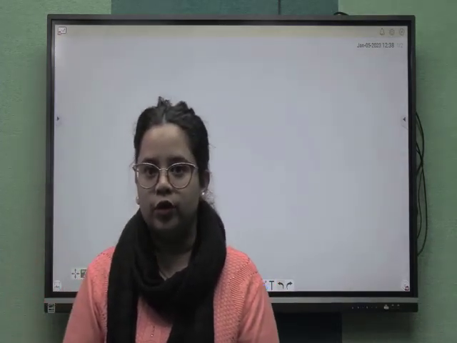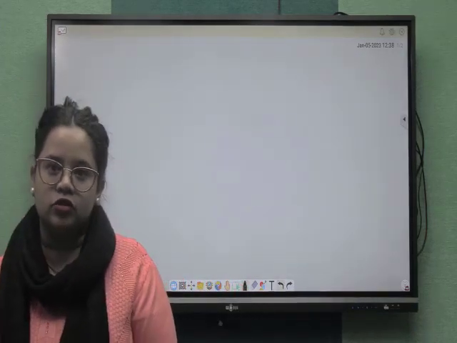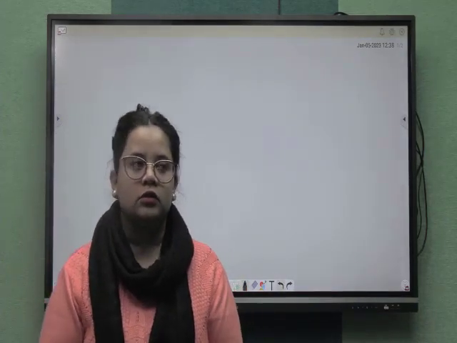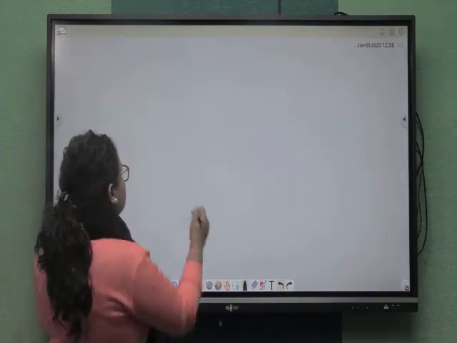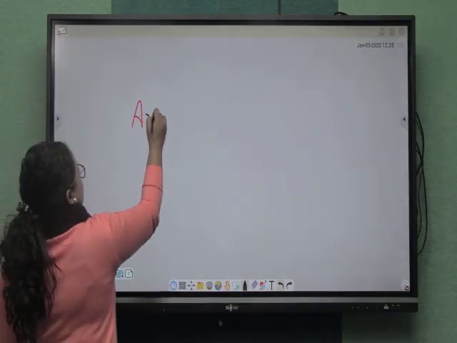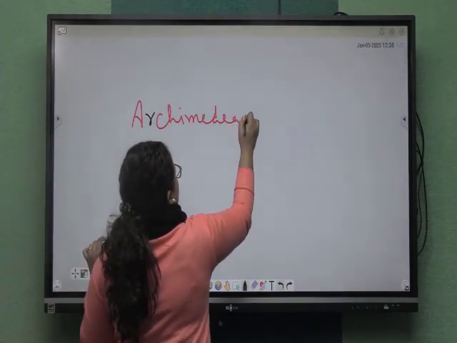So today we are going to discuss some topics related to real analysis which are in the first semester of the Maths Honours course, and the topics which we are going to discuss are the very well known Archimedean property.